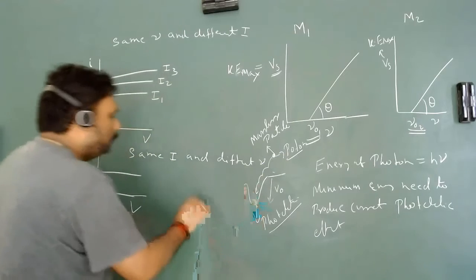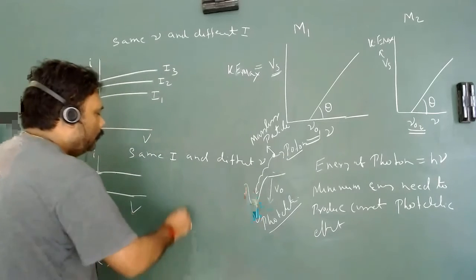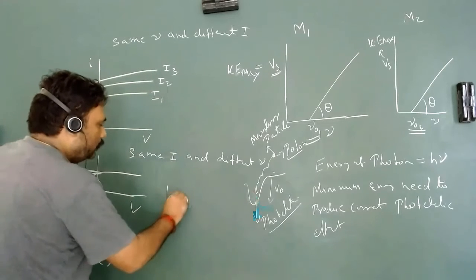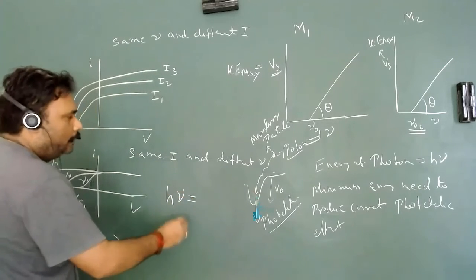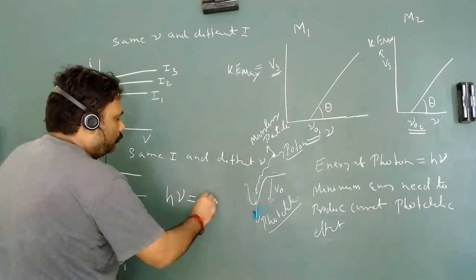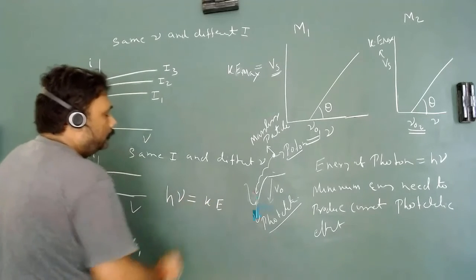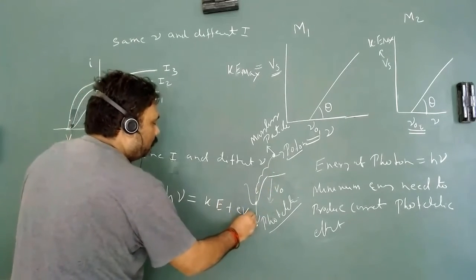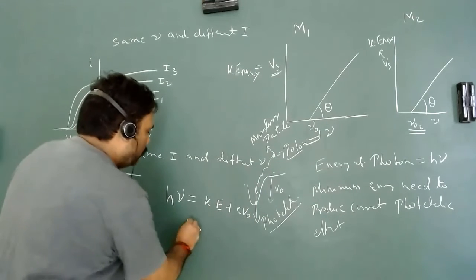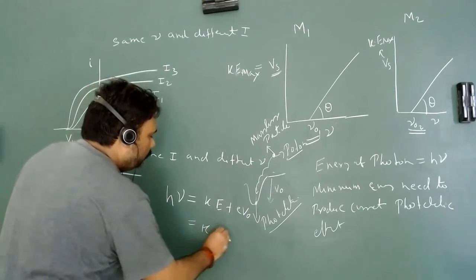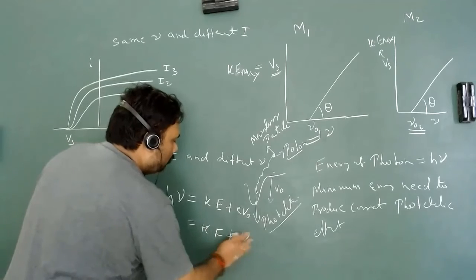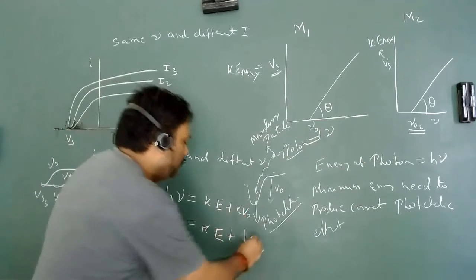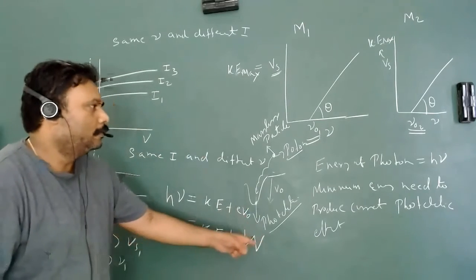This energy h nu is divided into two parts: the kinetic energy plus the energy needed to overcome the potential, E V naught, which is also known as the work function. We don't know what this V naught is, so E V naught is identified as the work function.